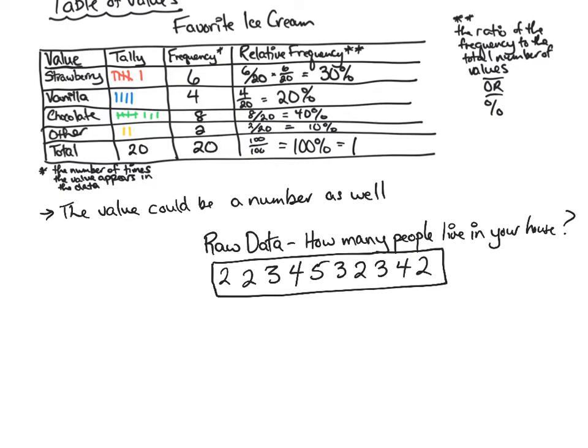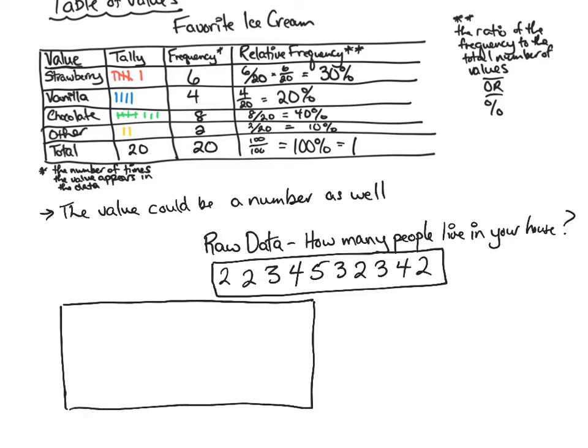So we can construct our table of values as we did before. But in this case, the value could be represented in different ways because they're numbers.